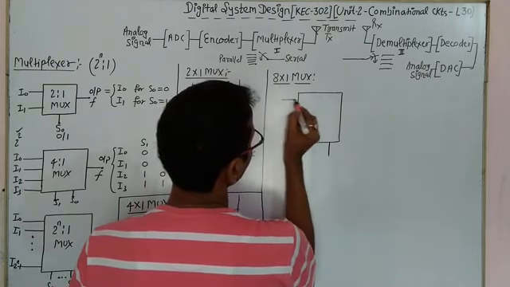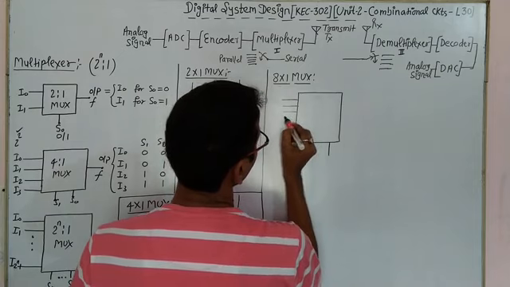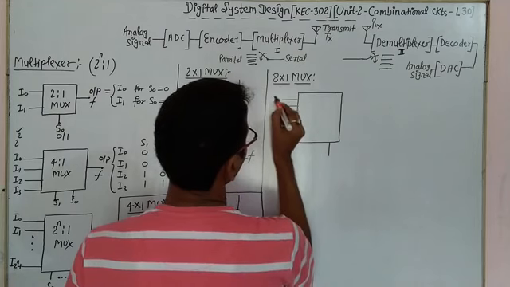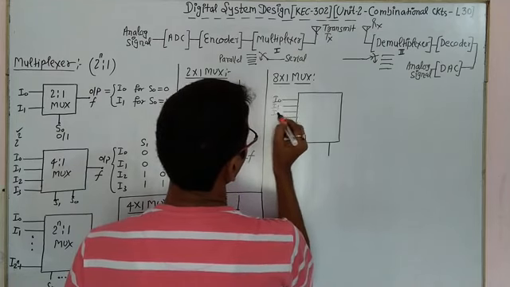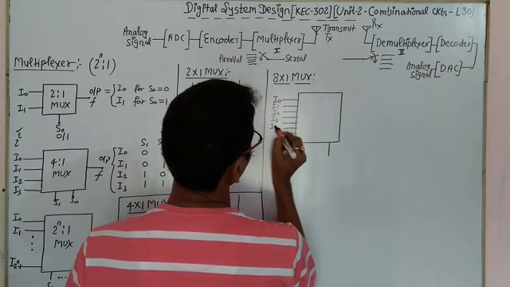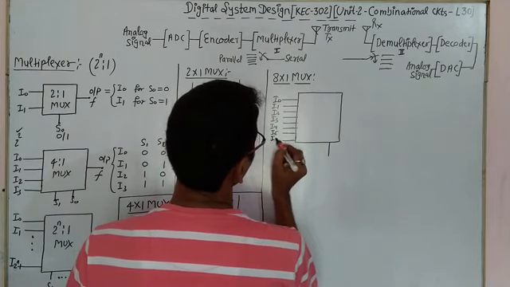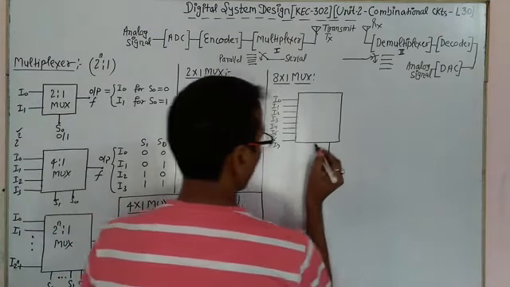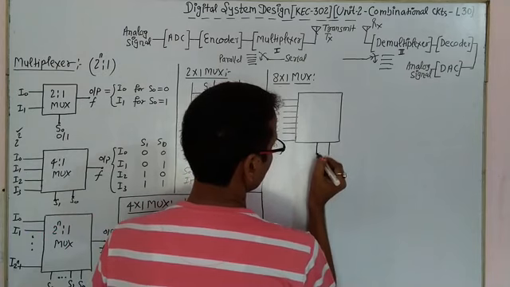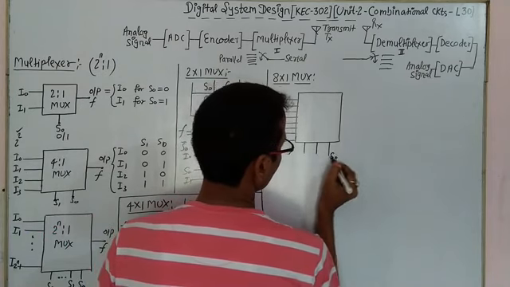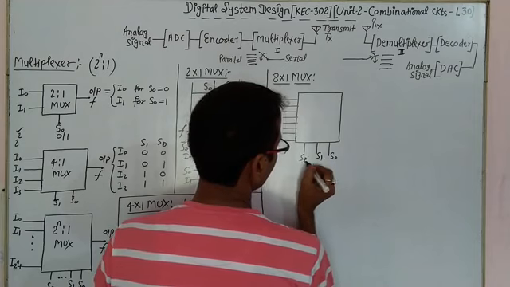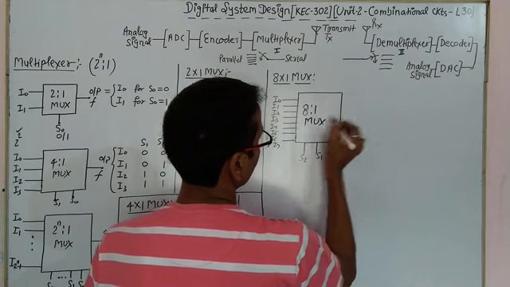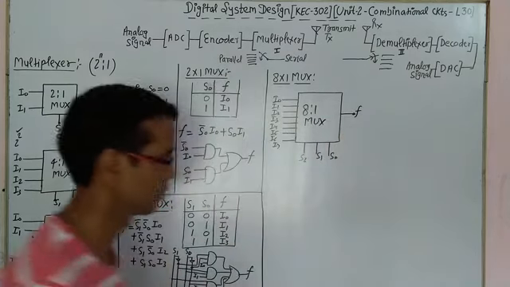You will have 8 inputs, I0 to I7, and according to these 8 inputs we will have 3 select lines, and we will get a single output.